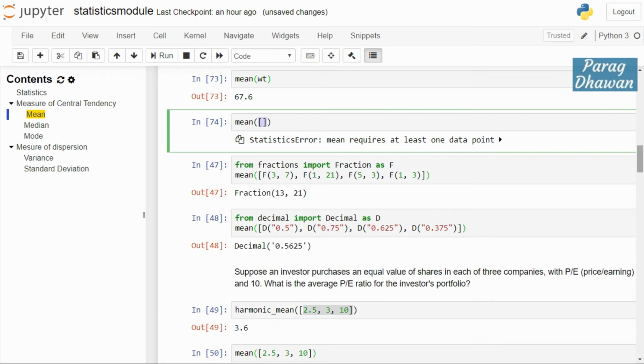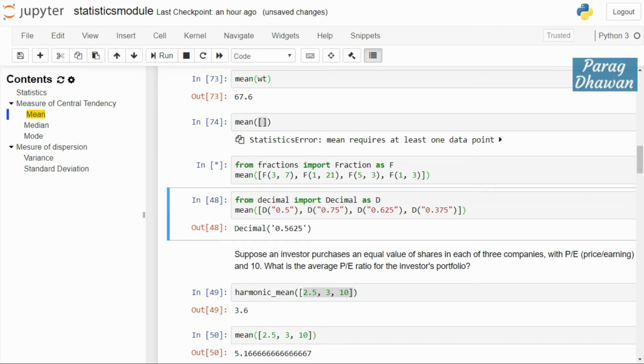Now, inside statistics you have module fractions as well as module decimal for representation of data points. In fractions you have a function Fraction. We are giving it alias name F. You can compute the mean of a list of values which are acting as fractions. So mean, opening and closing parenthesis, then inside a list you have fractions 3/7, 1/21, 5/3, 1/3.